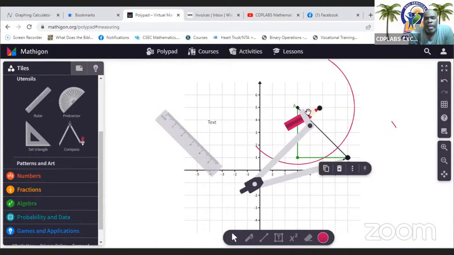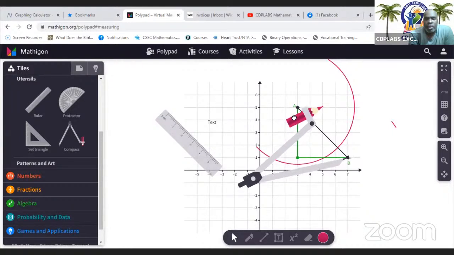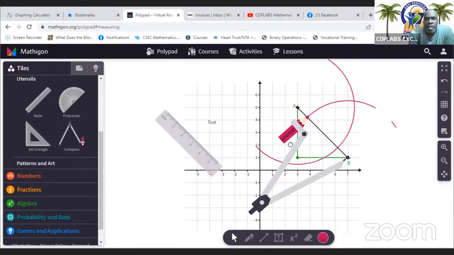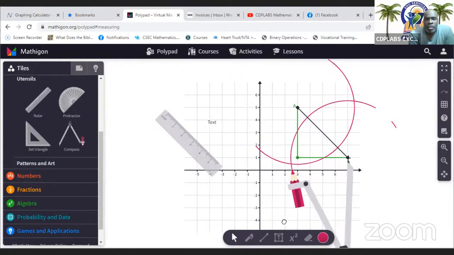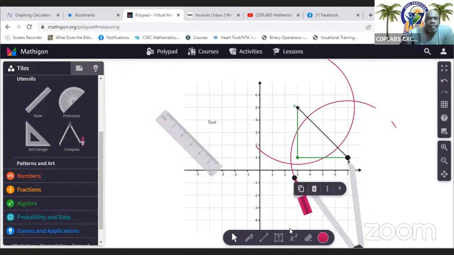So now we try to bisect the line. You got that? You open up the compass to more than half the length of the line, and you just draw those arcs.